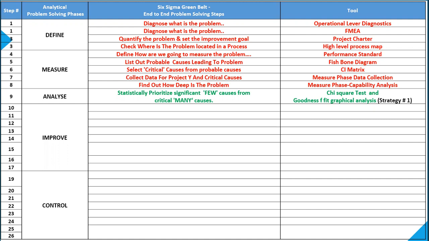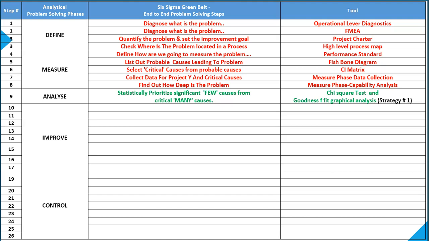Then in the measure phase, we converted the given problem into measurable characteristics like target, specification limits, and defectives. Then, as we all know, Y is equal to f(X). Every single problem must have certain causes behind it, which influence the problem.